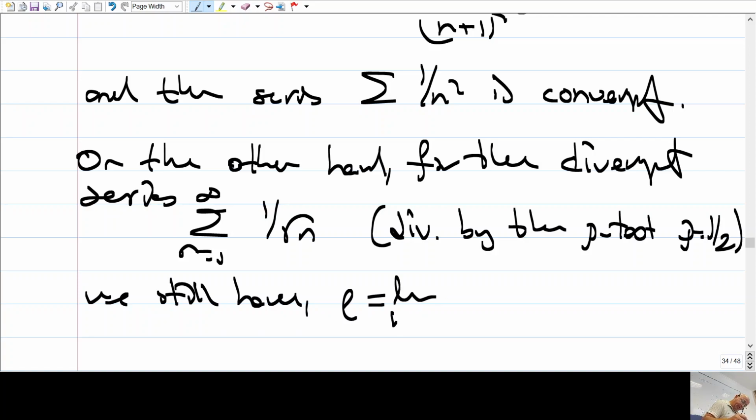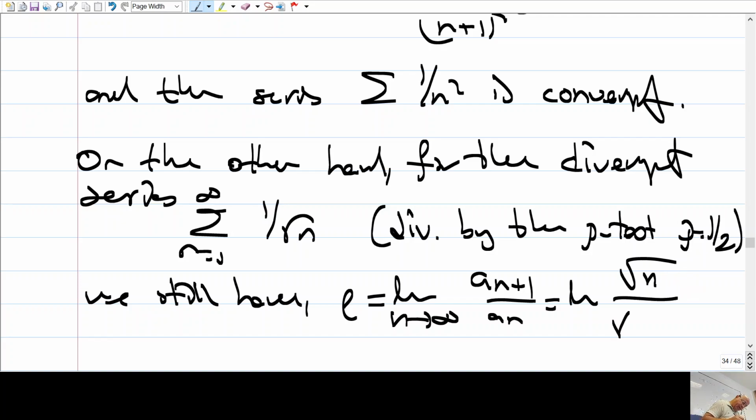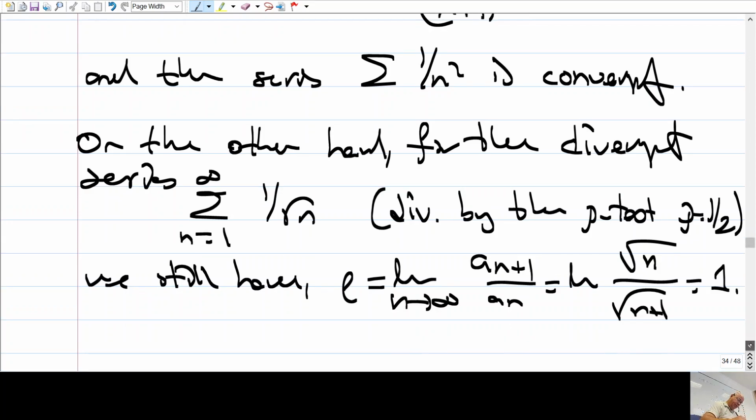What is rho? The limit as n goes to infinity of a_{n+1} over a_n. This will be just the square root of n over the square root of n plus 1. But this is again just 1. So in both cases, rho is 1, but one of the series is convergent and the other one is divergent. Therefore, this test fails if rho is equal to 1.